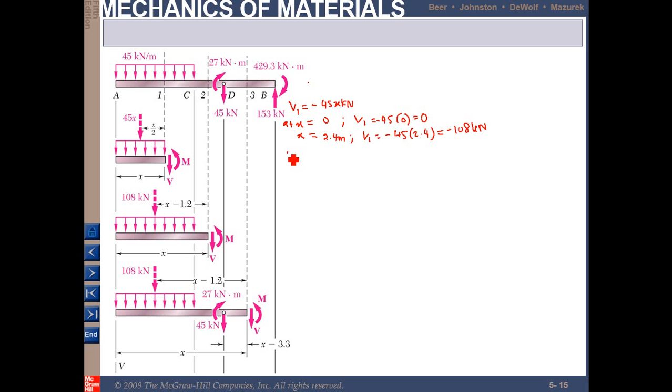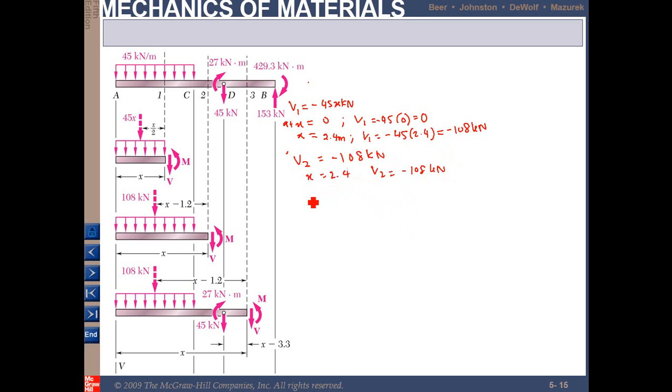For V2, or C to D, V2 is equal to minus 108 kilonewton. So at x equal to 2.4, you still get V2 equal to minus 108 kilonewton.